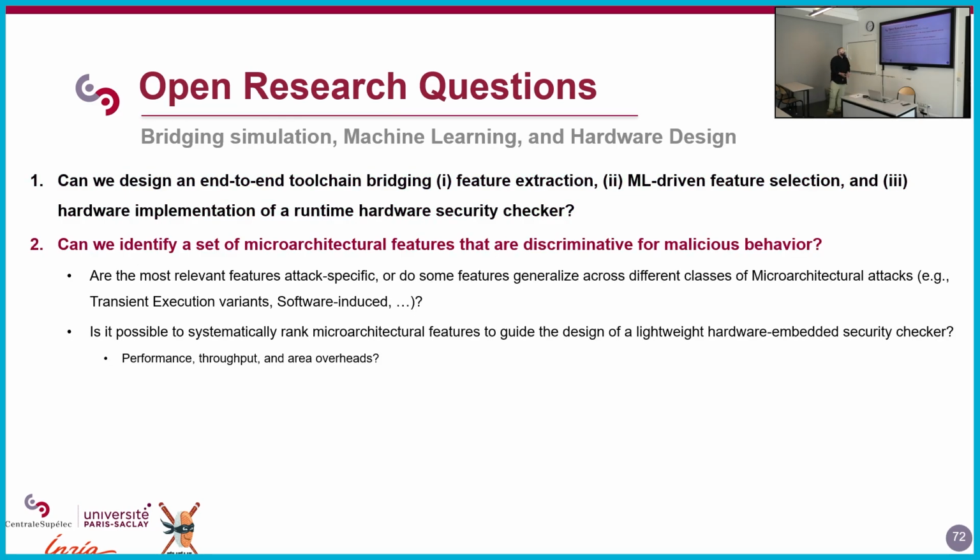Can we identify some features which are discriminative for malicious behavior? Maybe there will be some features most related to transient execution variants or software-induced attacks. Can we make a ranking of those features?